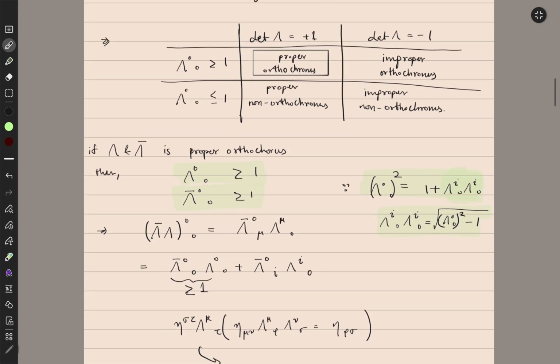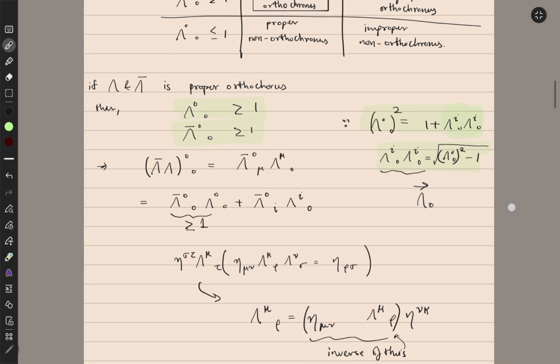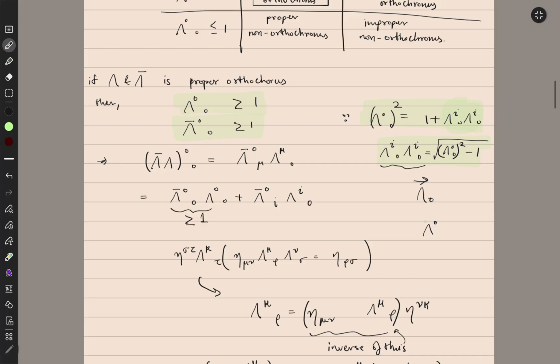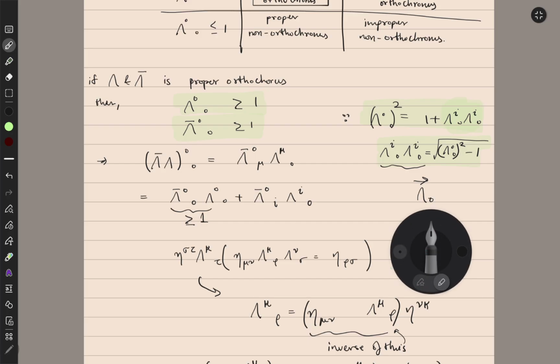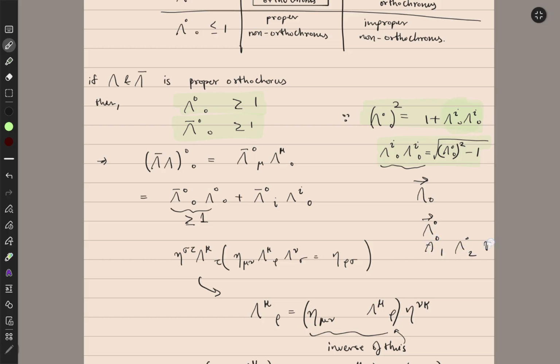So this lambda I 0 would be the length of this so-called lambda 0 vector. It's a triplet of numbers. Similarly, you can imagine a lambda 0 with a 0 on top, this vector, as a combination of lambda 0 1, lambda 0 2, lambda 0 3, and so on.